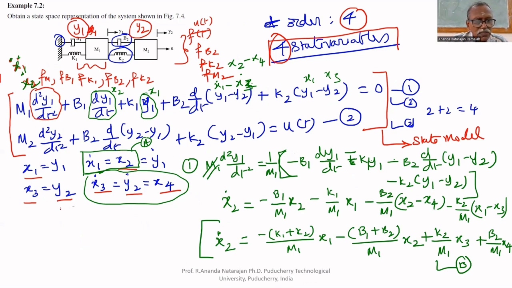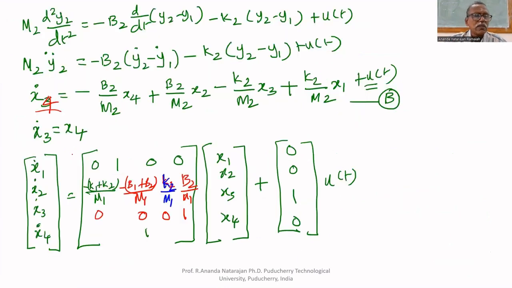Therefore x4 dot we have to find. So x3 dot equal to x4 and x4 dot equal to this.